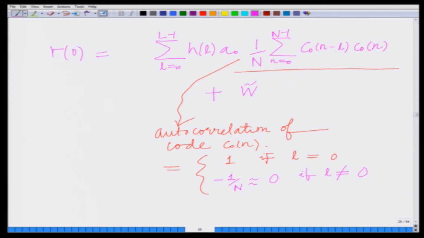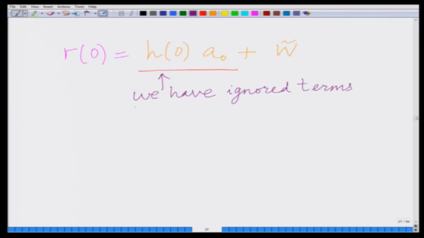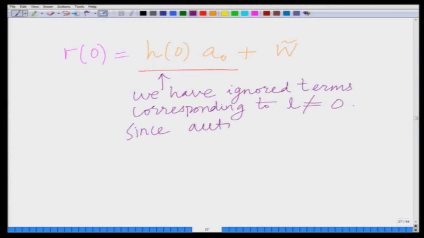Therefore, I can ignore this correlation if L is not equal to 0, which means I can retain only the term corresponding to L equal to 0 in this summation, to derive the expression R of 0 equals H of 0 times A naught plus W tilde, where we have ignored in this signal component the terms corresponding to L not equal to 0, since the autocorrelation equals minus 1 by n, which is approximately equal to 0.